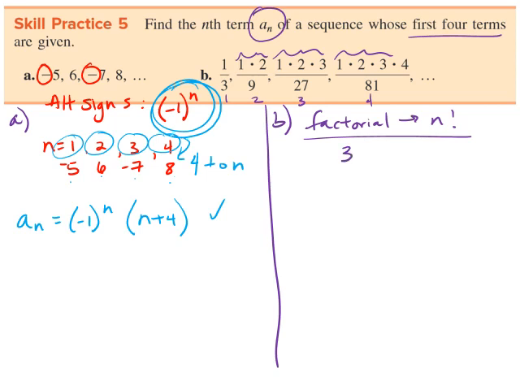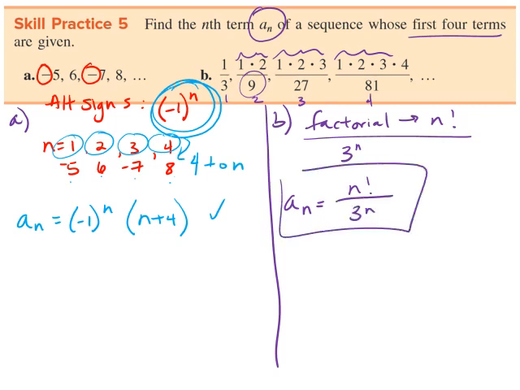They're multiples of 3, notice, and it's actually 3 to the power of n, because 3 to the first is 3, 3 squared is 9, so on and so forth. So this formula is n factorial over 3 to the power of n. This may take a little bit of practice to get the hang of.